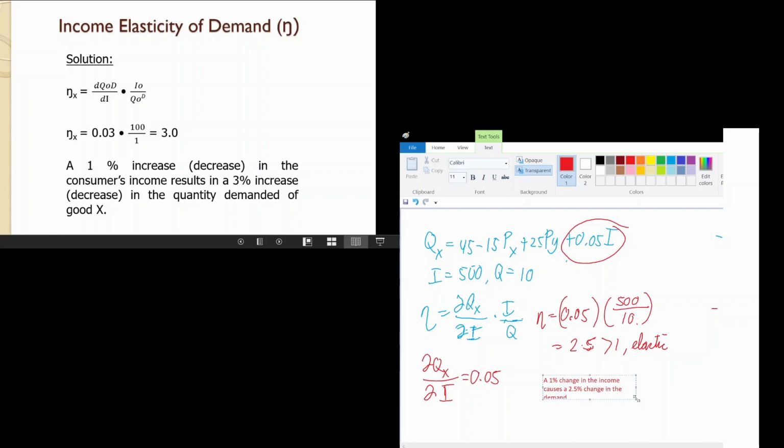Okay? So, saan galing yung 2.5? Yun yung na-compute natin. Okay, so yun yung income elasticity using the point elasticity method.